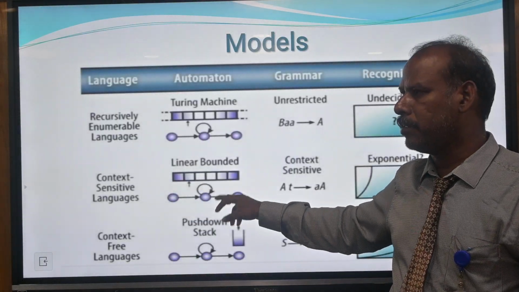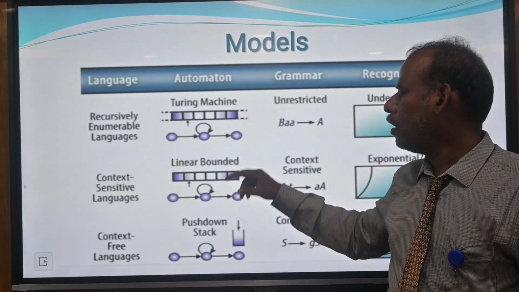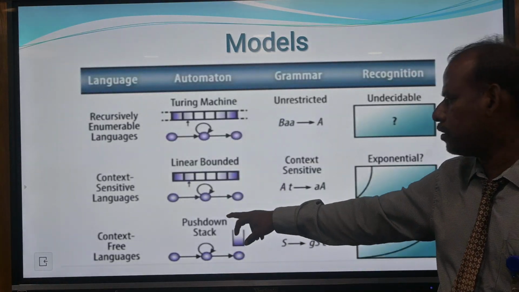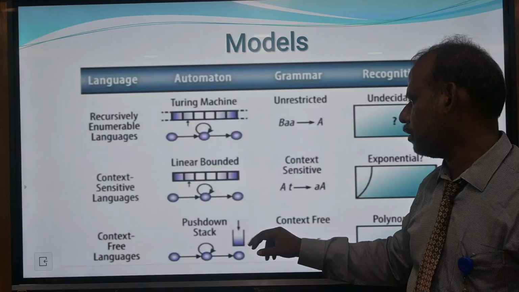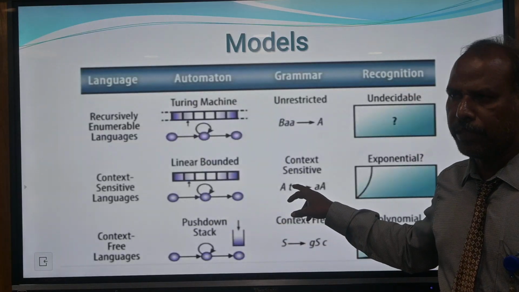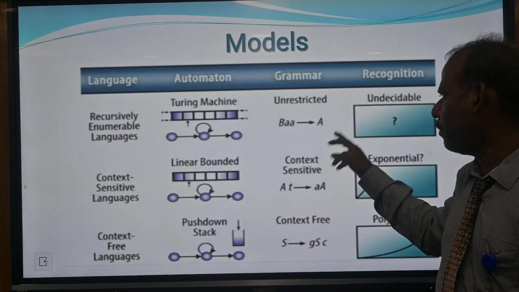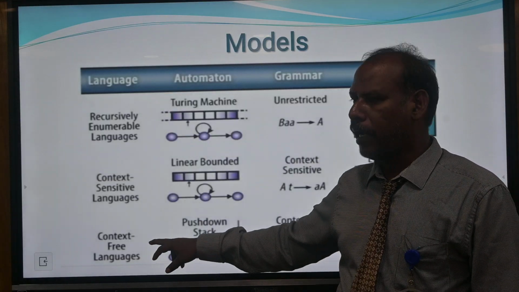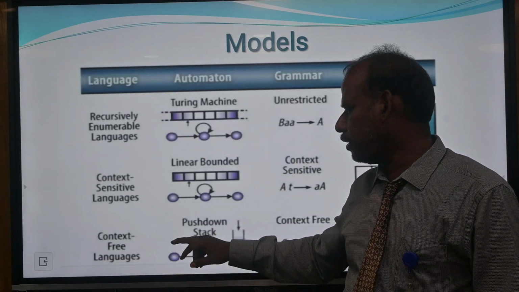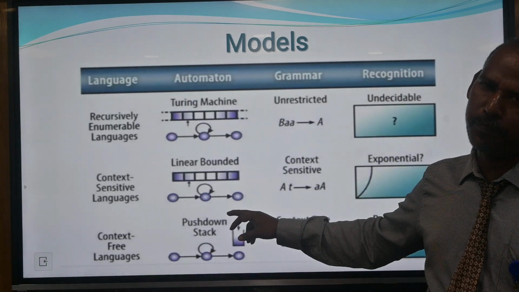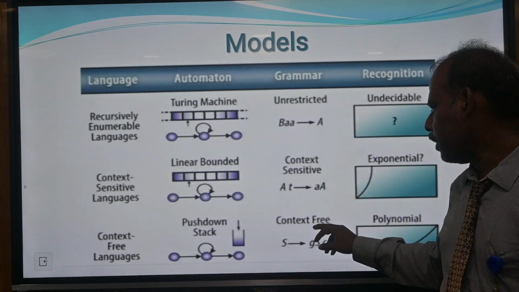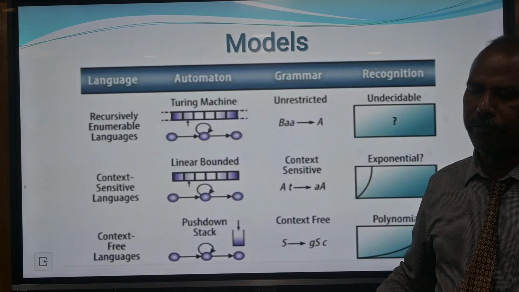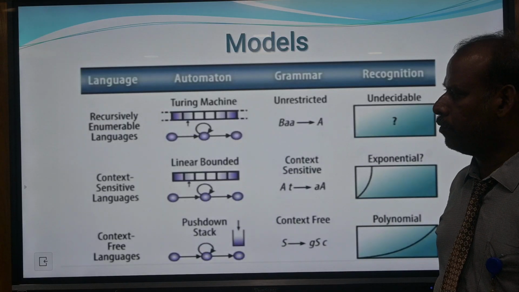The particular automaton is the linear bounded automaton, linear meaning a sequential set of states. They use context sensitive grammar and are exponential. Third are the context free languages. We use a push down stack, with context free grammar, and they are polynomial.